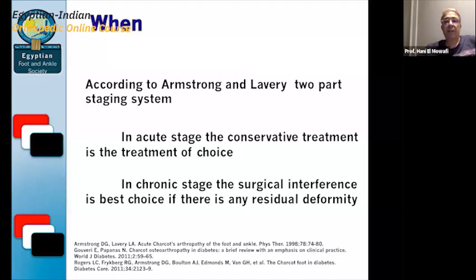In the acute stage, the foot becomes hot, red, and inflamed, so he suggested conservative treatment is the treatment of choice. In the chronic stage, after the inflammation disappears and there is resolution, even with new bone formation, if there is any residual deformity or ulcer, you can intervene.